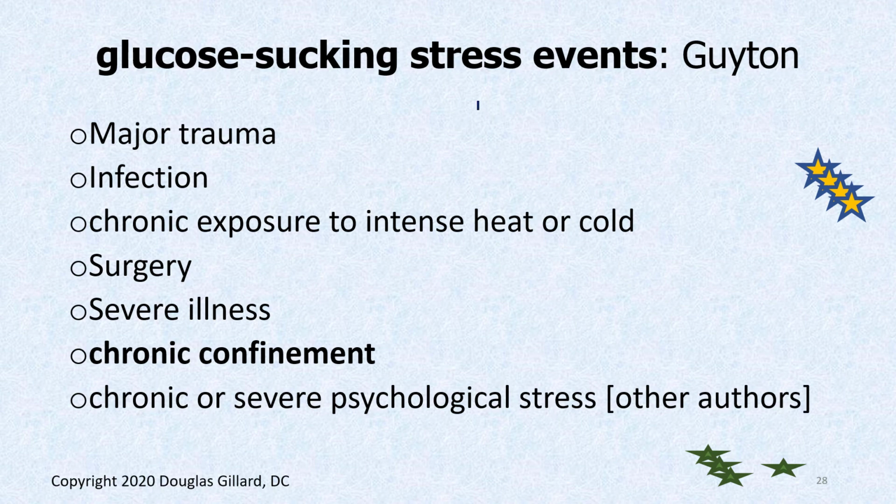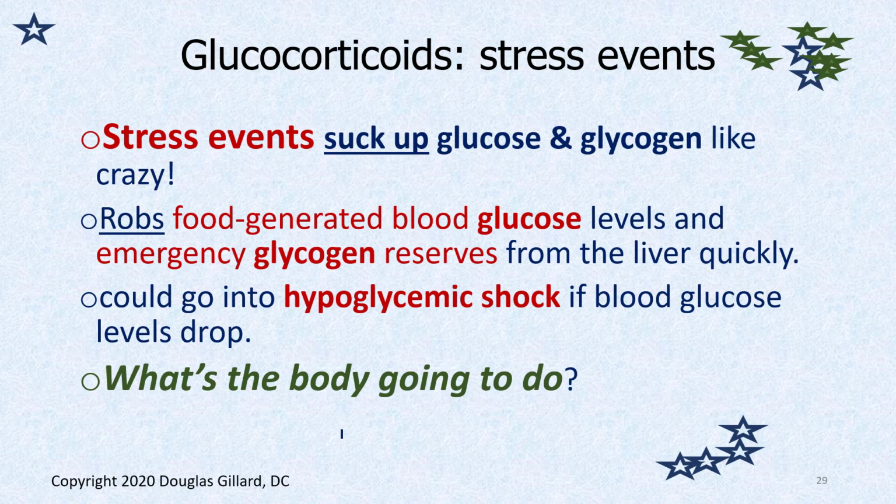What are some stress events? We've covered these before. Major trauma, infection, chronic exposure, surgery, severe illness, chronic confinement can do it, psychological conditions and stressors. And we said already, stress sucks up the glucose and glycogen like crazy, and it robs the food-generated blood glucose source.